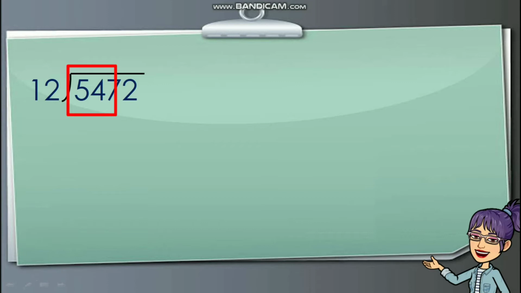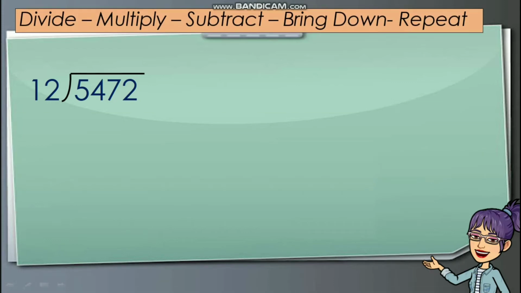So we will divide the first 2 digits in the dividend by 12. But before that, don't forget we have an acronym, DMSB, which stands for divide, multiply, subtract, bring down, then we repeat the process. These are the steps that we will follow in dividing the numbers.